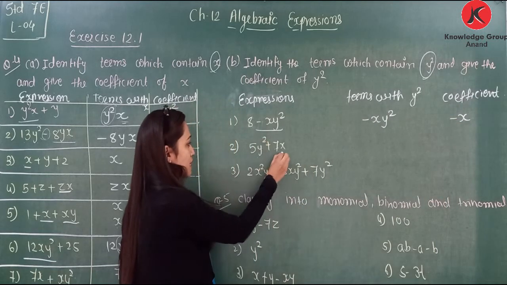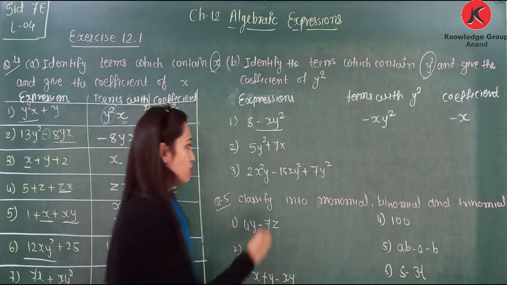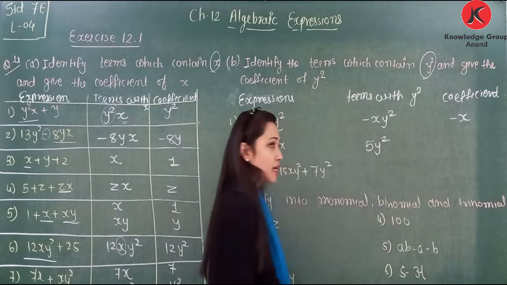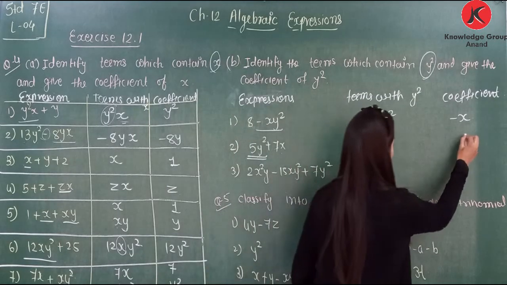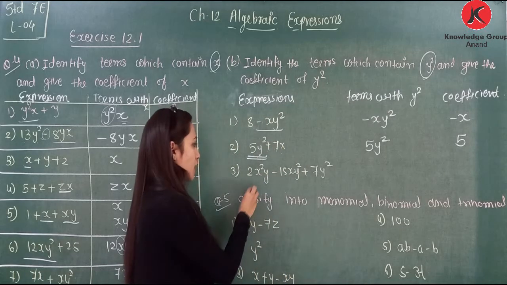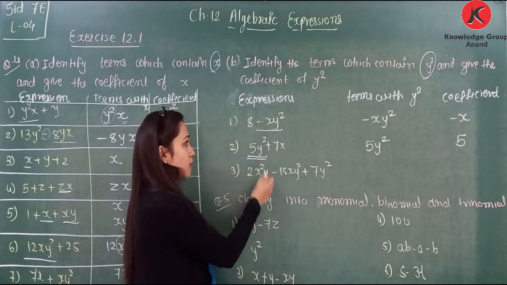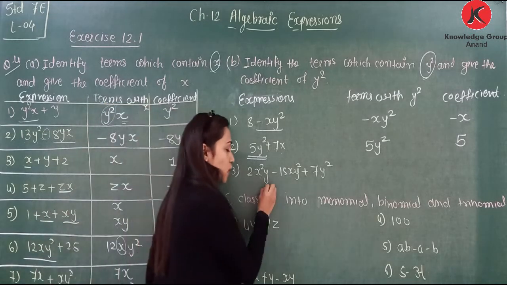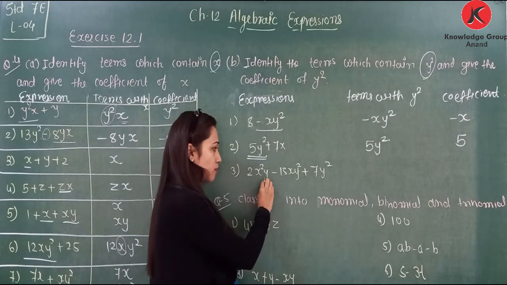5y square plus 7x. So the term with y square is this one. Now what is in the multiplication with y square? 5. So it is the coefficient of y square. Now here, 2x square y. We need to write the term with y square, not y. So you cannot write this because here there is only one y.